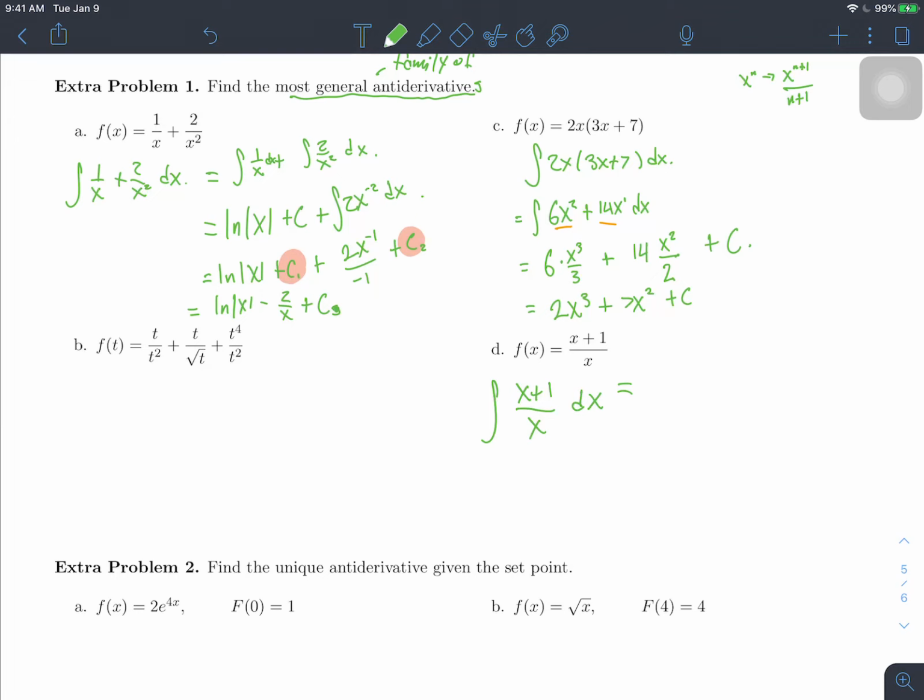No. I think you're right. Yeah. So we could think of this as x plus 1 times x to the negative 1, right? And then we would get, if we distributed that, x times x to the negative 1, what are we going to get?